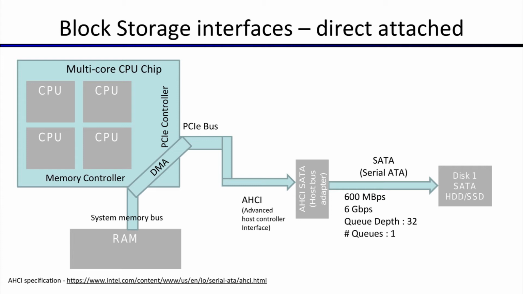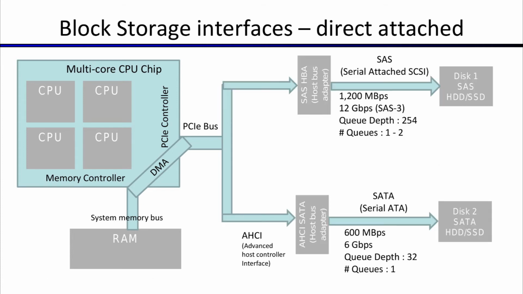Basically, the adapter translates and is able to communicate over the PCI bus with the RAM and the CPU. And on the other side, it is able to communicate with the disk that supports the serial ATA interface. A PCI bus can support multiple adapters. So you could have SATA and SAS both together.